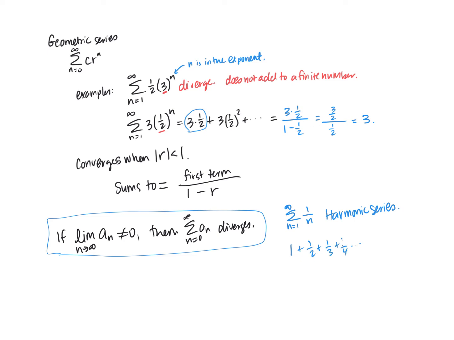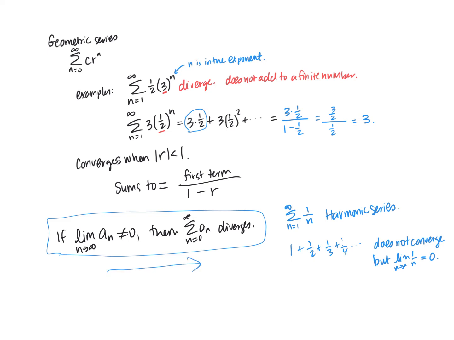And what happens with this is this does not converge. If I keep adding those up, it's going to just increase without any bound. It does not converge, but the limit as n goes to infinity of 1 over n is 0. So this is the counterexample to show that this statement does not go both ways. It only goes in that direction.